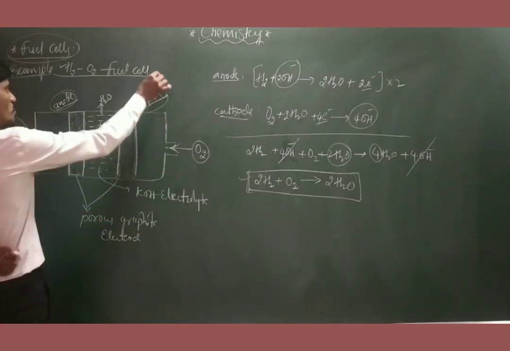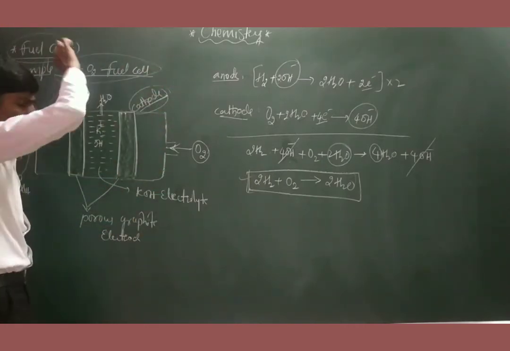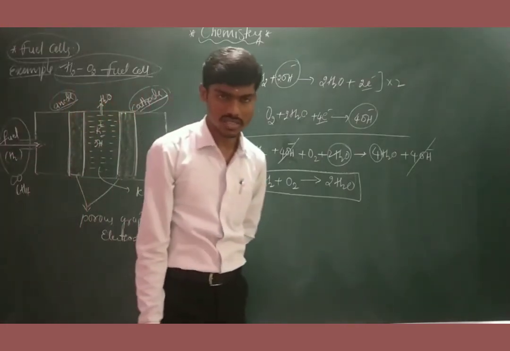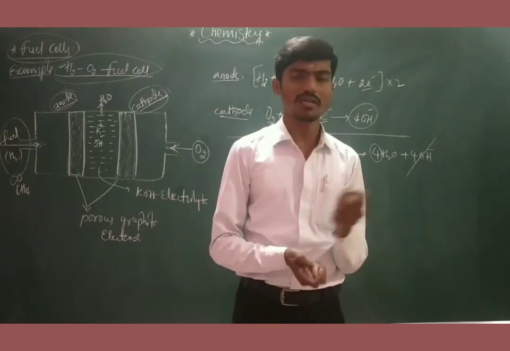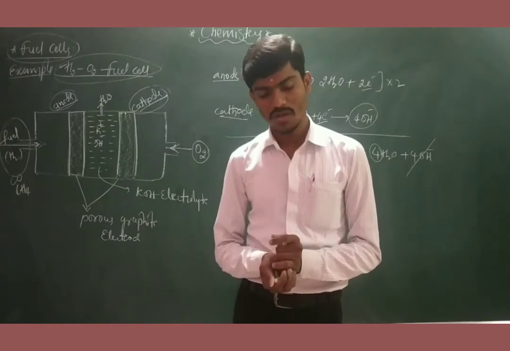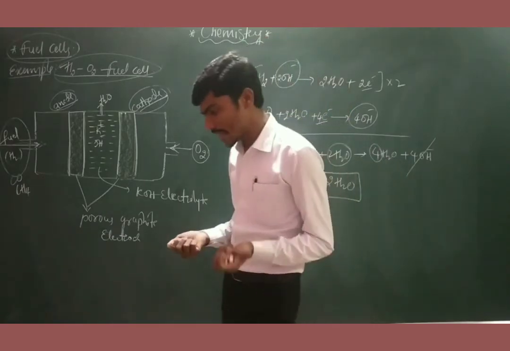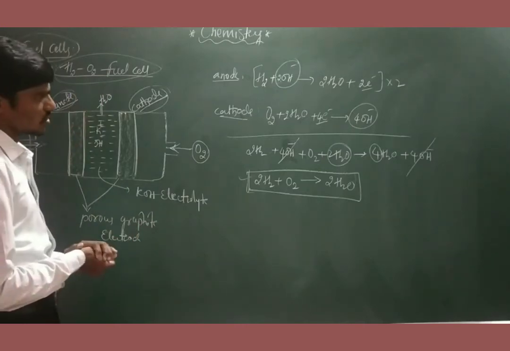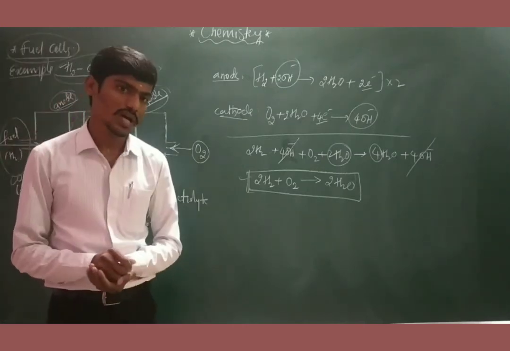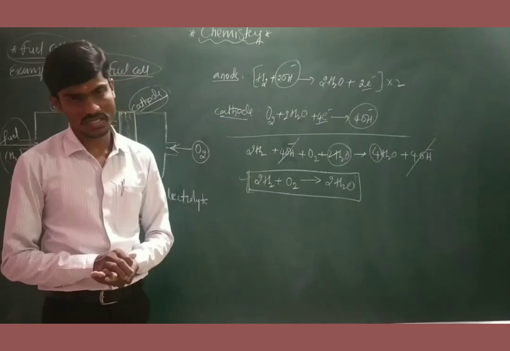Here we can note one point: the hydrogen oxygen fuel cell finds more advantages than the normal electrolytic cells. Compared to the normal cells, why does it find many applications and more advantage over the other cells? What is the reason for that?